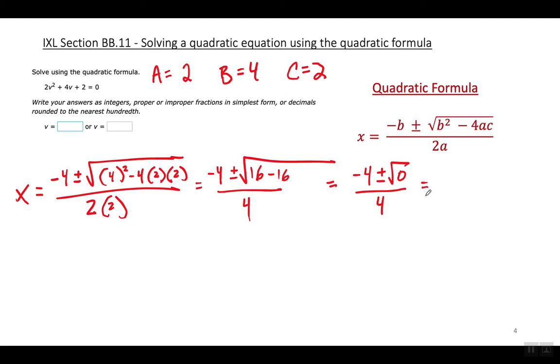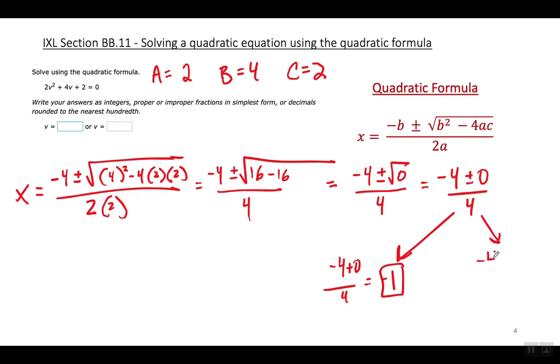This is going to end up giving us two answers that are the same, okay? Because the square root of 0 is 0. And now whether you add 0 or subtract 0, you're going to get the same answer. You get -1. And if I subtract 0, I also get -1. So for this one also, like a previous one, I got the same answer for both.